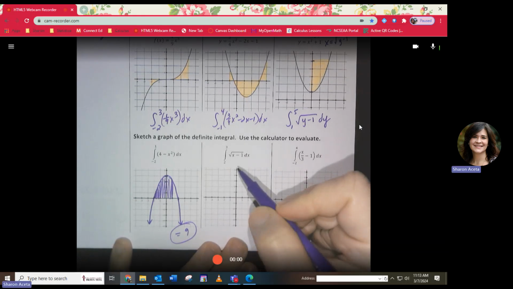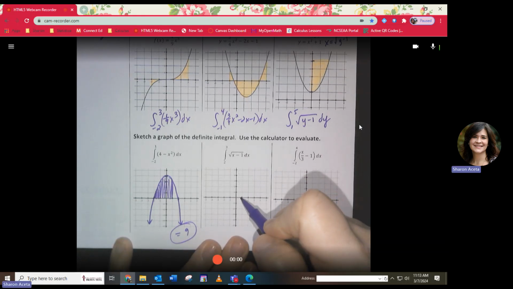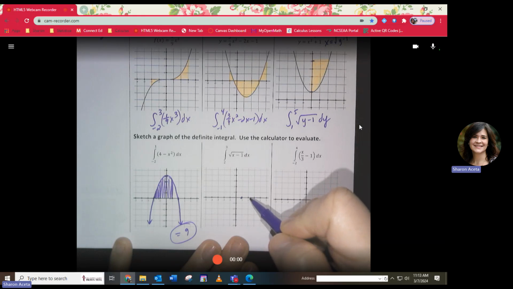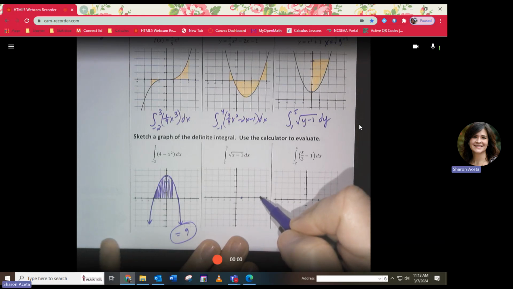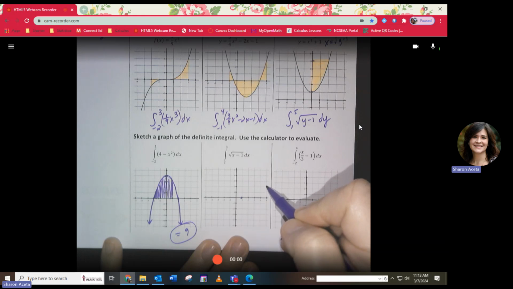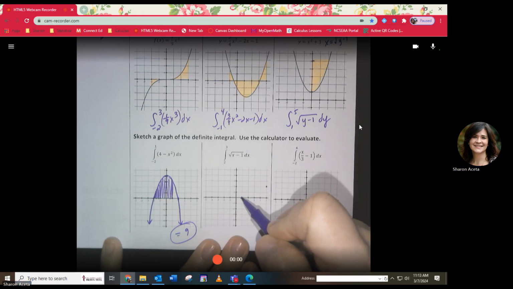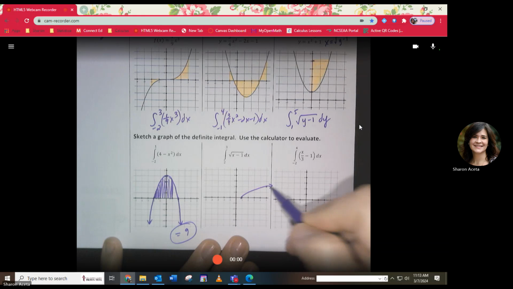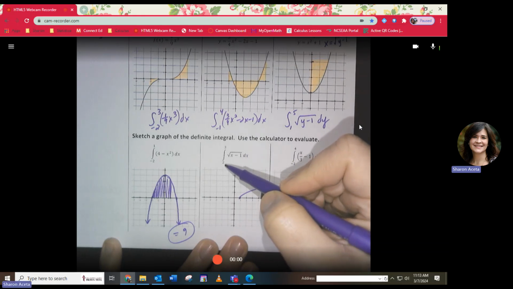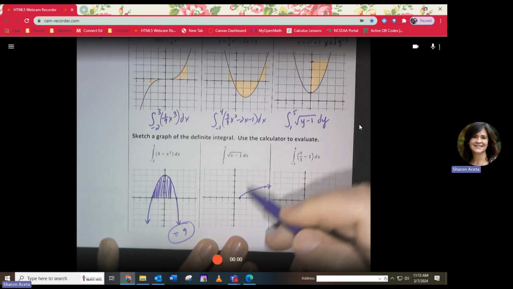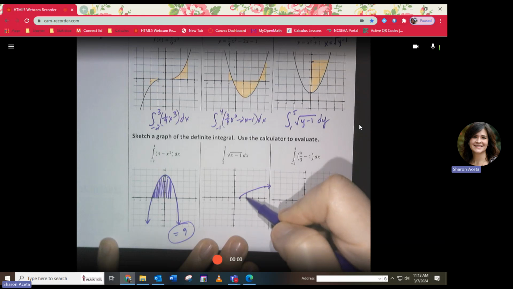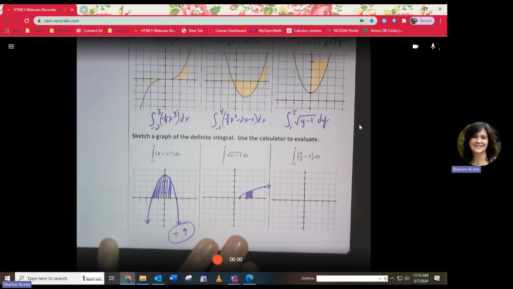The square root of x minus 1, so that would be here, and then we could probably go 4, 5, actually. Let's do that. Square root of 4 is 2, something like that. Now I'm only wanting to bound it from 2 to 3, so that would be this little bit right here, that little area right there.